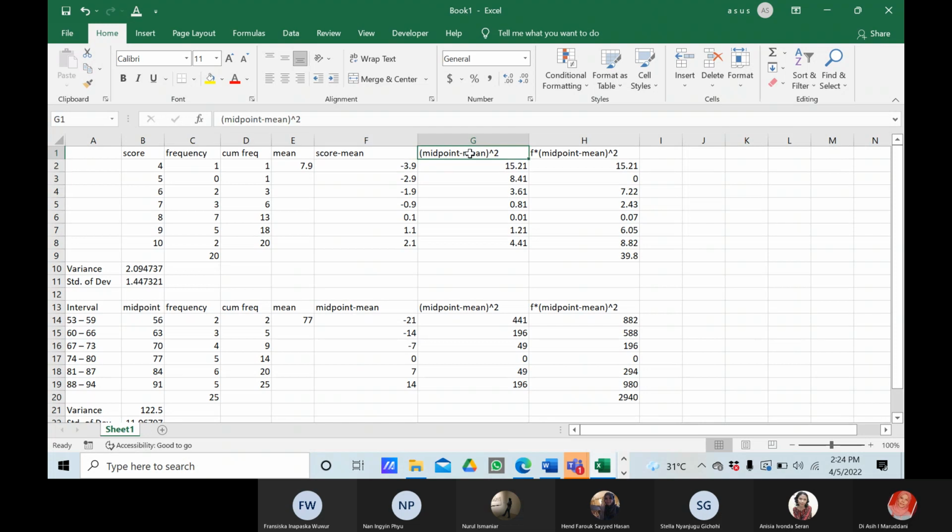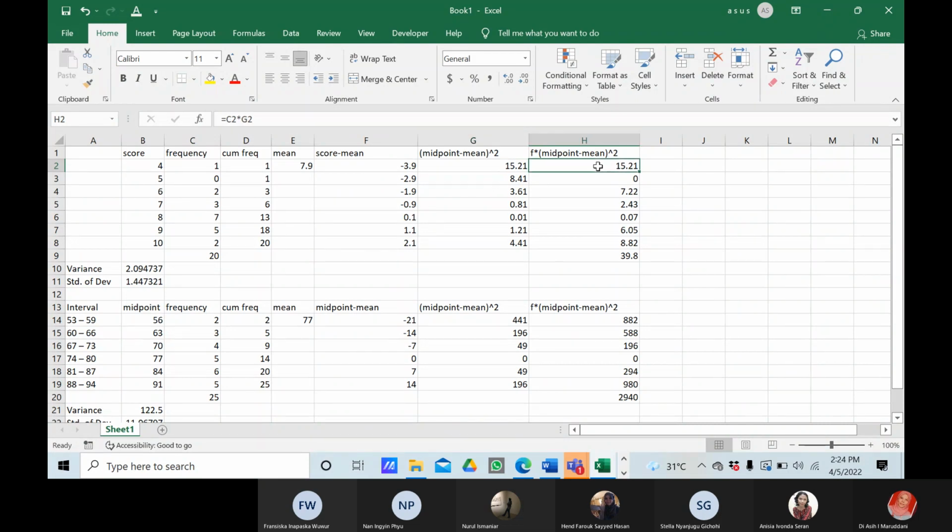The following column will be the square of the score minus mean. For the first row, this is minus 3.9. You have to square it, and the square of minus 3.9 will be 15.21.